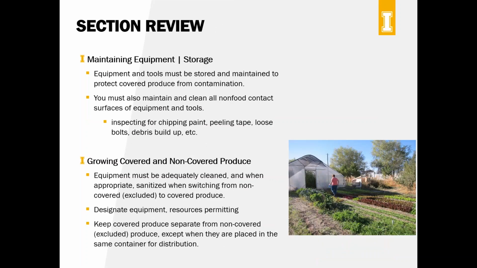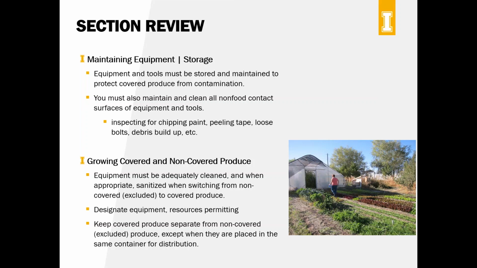The next section of this talks about, I kind of lumped these two together because that makes sense in terms of how you present the information, both the maintenance and storage of equipment. So they must be stored and maintained to protect covered produce from contamination. And then you must also maintain and clean all non-food contact surfaces as well.